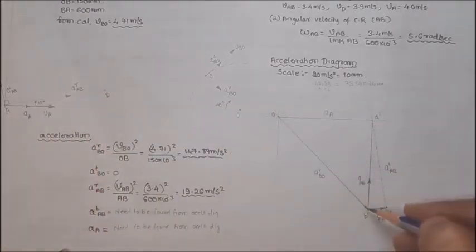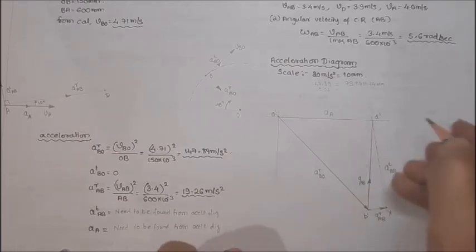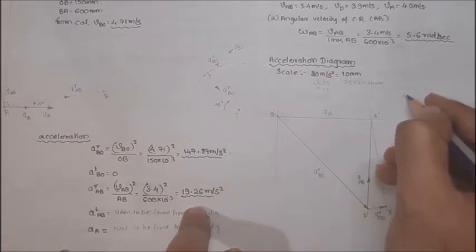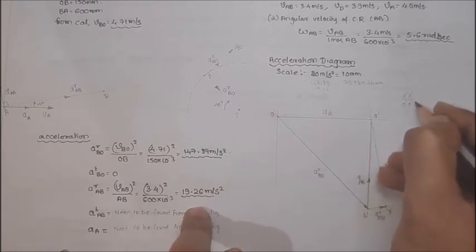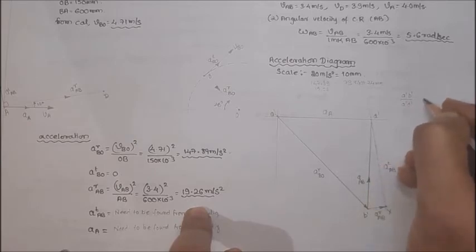We can use the method A dash B dash by A dash D dash equal to AB divided by AD.